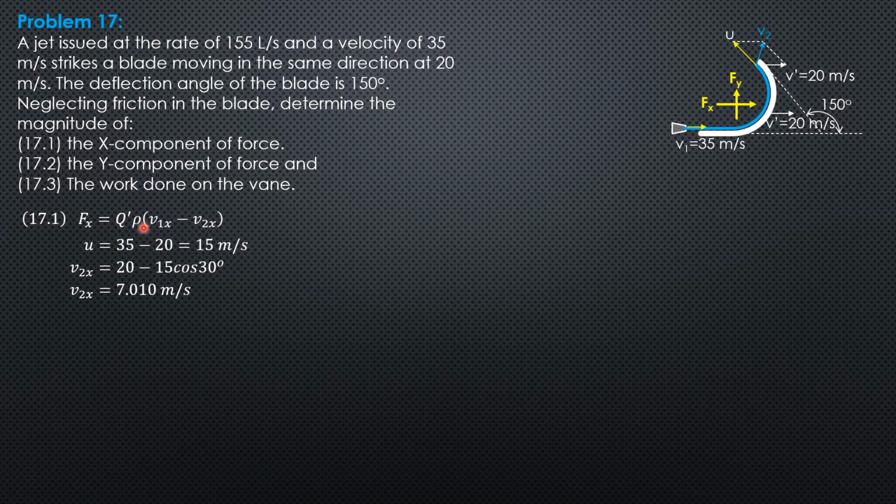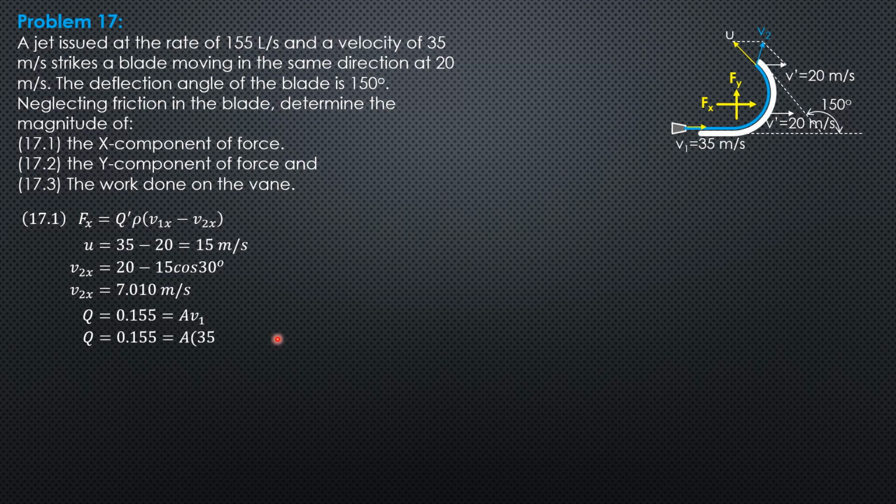The value of Q prime rho is area times U, but we don't have area here, but we are given Q. So Q is area times V1, 0.155 cubic meter per second equals area times V1, and V1 is 35.